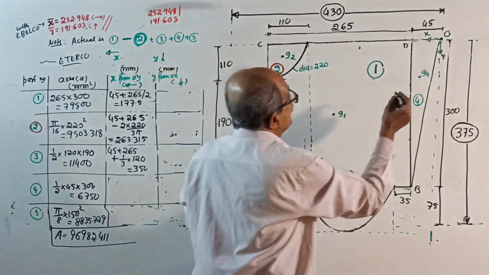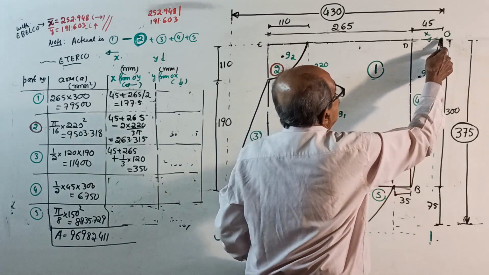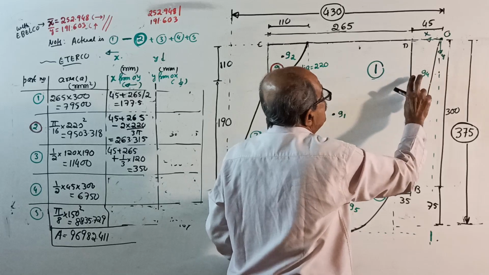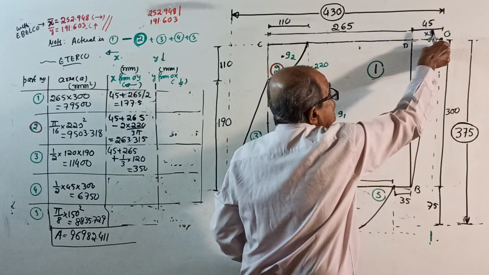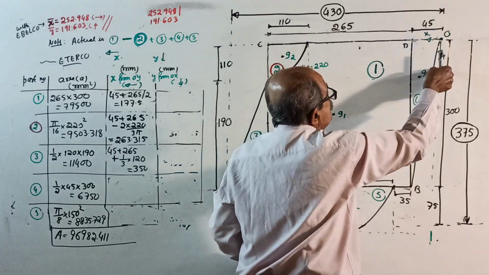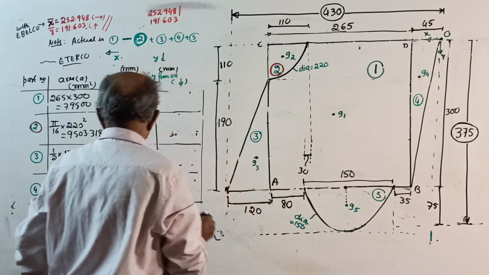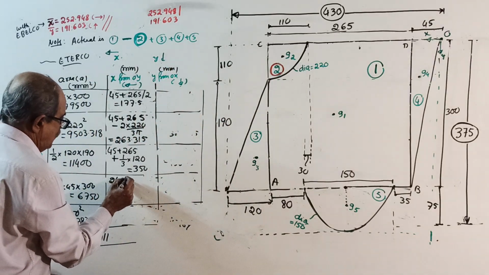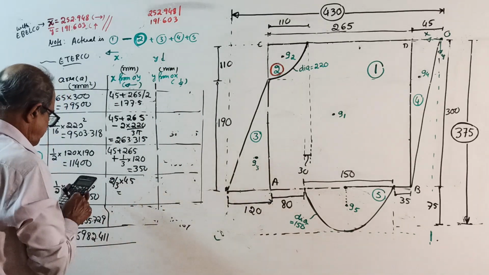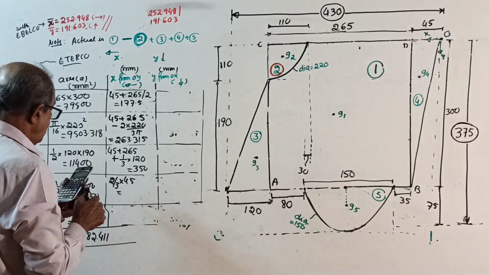x4, see here, this centroid. From here, I told you, this is 1 by 3, this is 2 by 3, thousands of times told. 2 by 3 of 45 directly. 2 by 3 of 45 is 30.